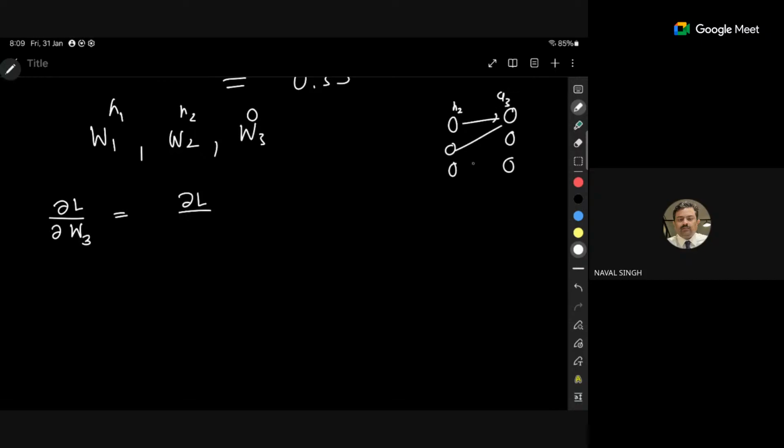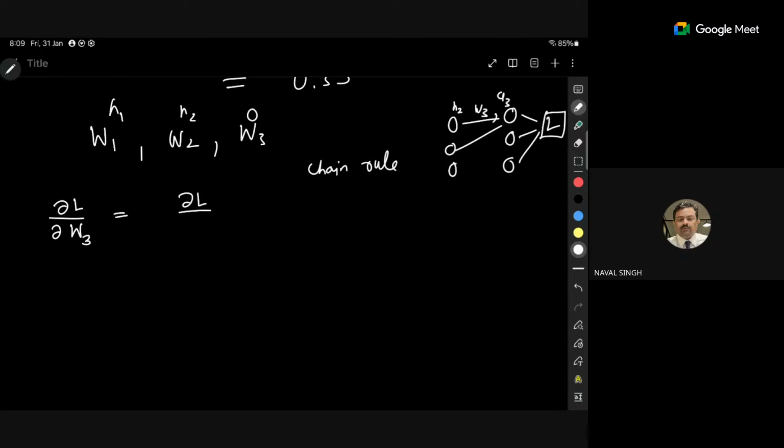So these are my W3 weights, and from this I computed the loss. Okay, is it fine? So let's say this is loss. Now what I need to do to get to W3, right? So the chain of derivatives. So the chain rule is going to come into the picture.